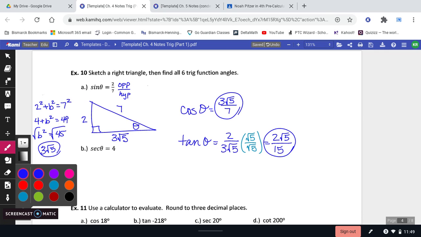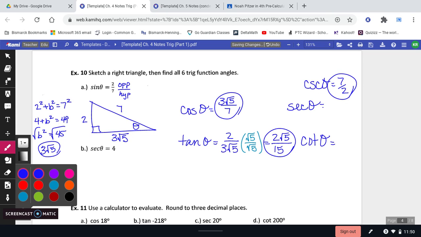Okay, then I can do the reciprocals. Well, since sine was 2/7, that means that cosecant would be 7/2. Okay, I have cosine, so the reciprocal of cosine is secant, and reciprocal of tangent is cotangent.